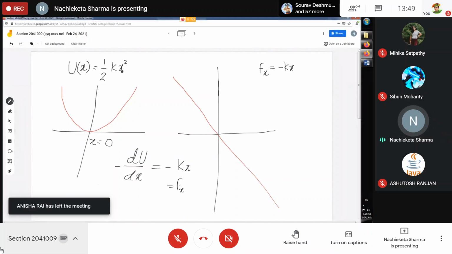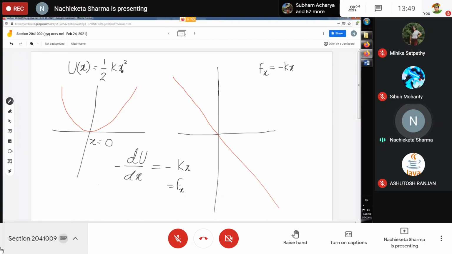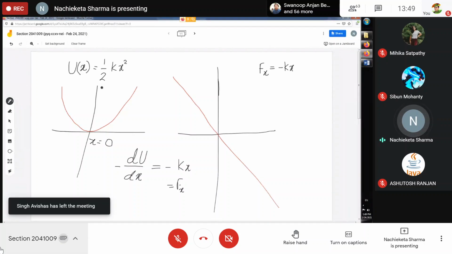In electricity and magnetism, which you will read in your second semester, you will see that the Coulomb force is also a conservative force. So there must exist a Coulomb potential energy, and if you take the derivative of that, you can find the Coulomb force, and from the Coulomb force you can find the electric field. This is how we establish the relationship between the conservative force and the potential energy.